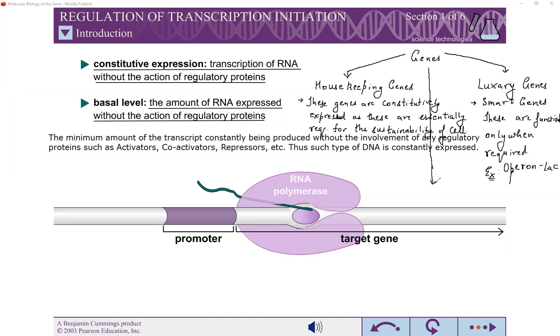What do you mean by regulated genes? Regulated genes are the ones which are always expressed at their basal level.